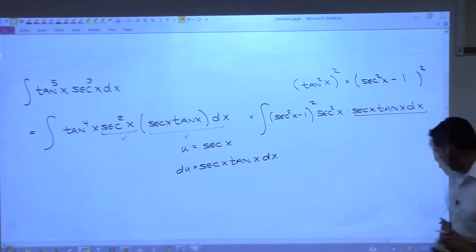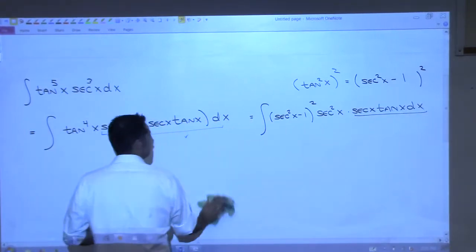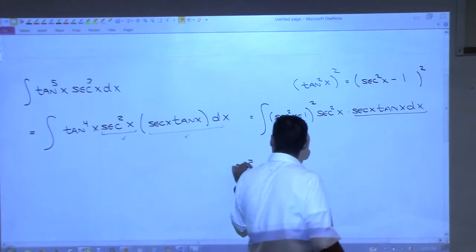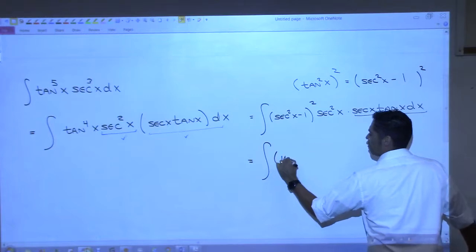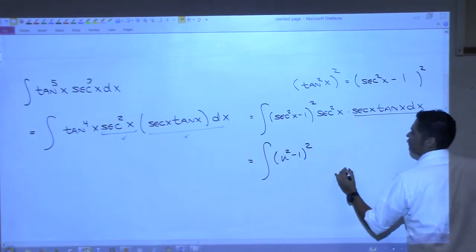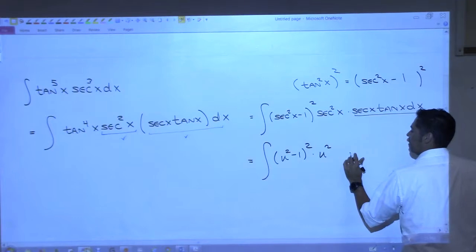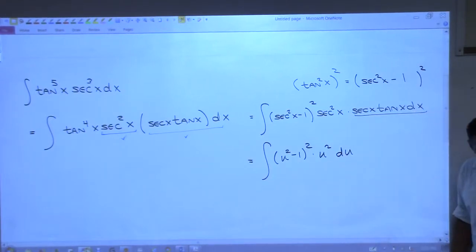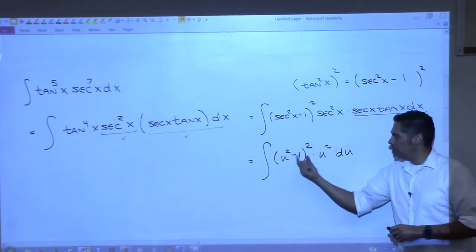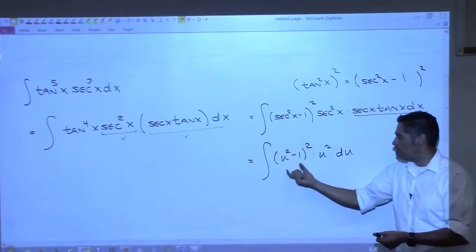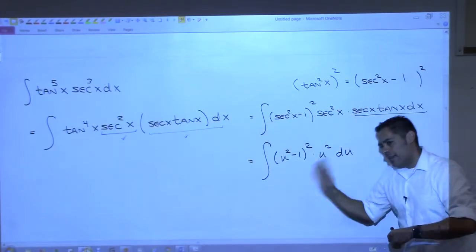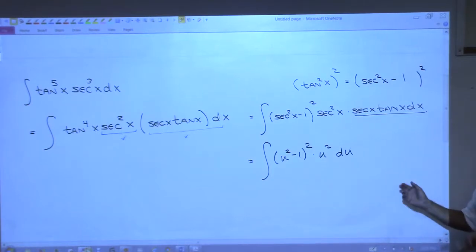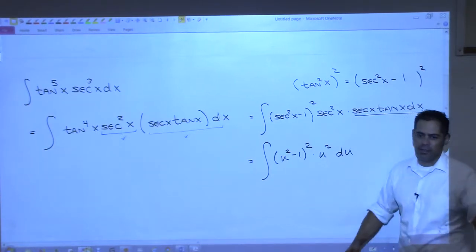This becomes integral, what? U squared minus 1 squared times u squared times du. And how would you handle that? So you're going to do this first, right? U squared minus 1 times u squared minus 1, then pass a u squared through everything. Then integrate each one term by term, and then replace u with secant x.